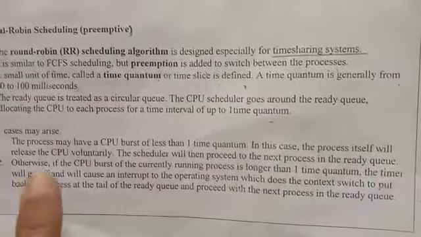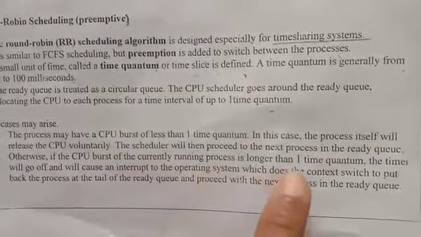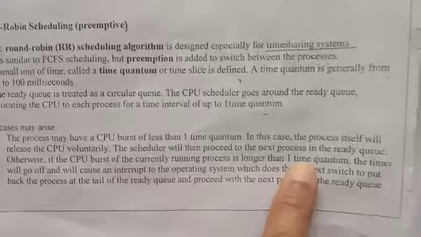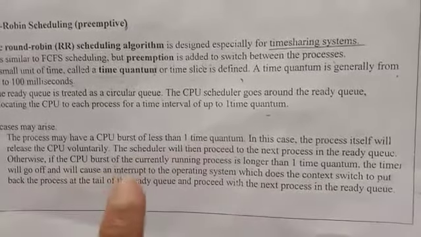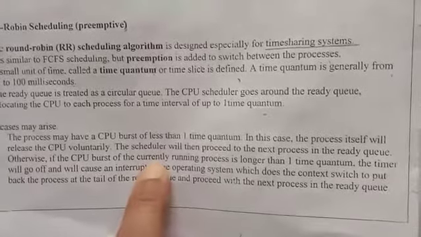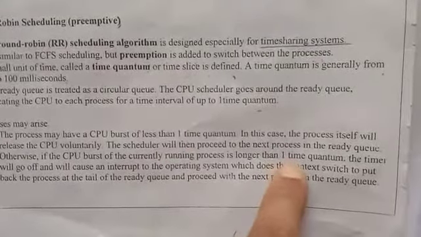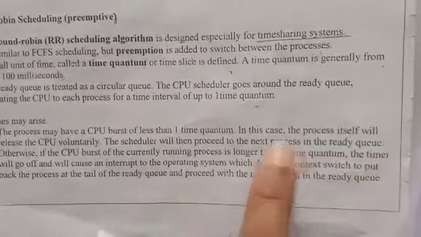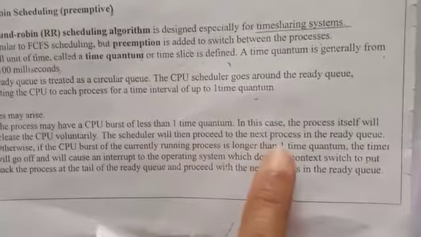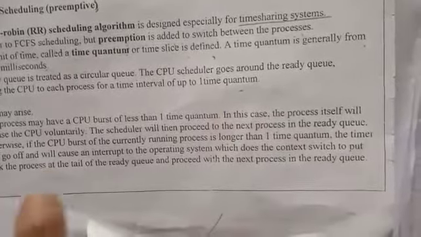The second case is that the CPU burst time of the currently running process is longer than one time quantum. Suppose, vice versa, the burst time is 5 milliseconds and we have only 2 milliseconds of time quantum. In this case, the burst time is larger than the time quantum, so the process could not finish within the time limit.